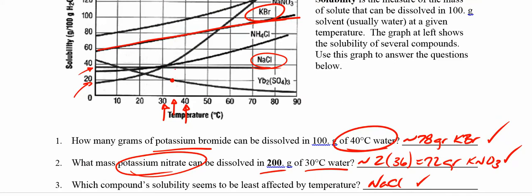So it doesn't matter if it's 35 degrees or anything else. I'm just estimating, if this is 20 and this is 40 and this is right in the middle, it's 30. This is a pretty wild estimation, but I'm going to say it's 35 grams. So at that point right there, 35 grams is the maximum amount of sodium chloride that can be held.